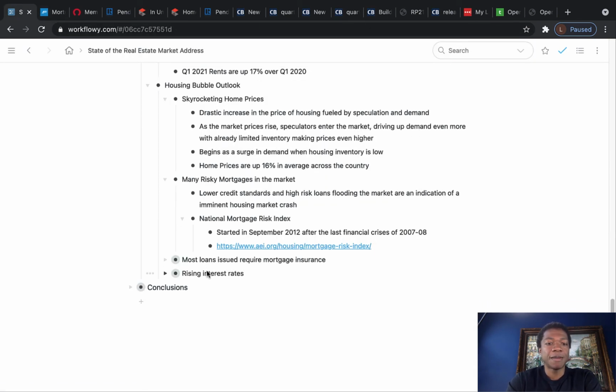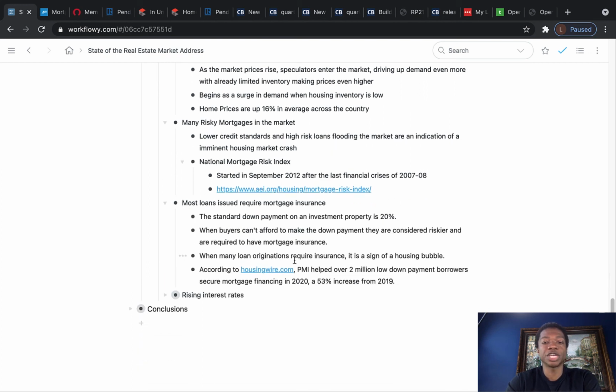And another indication that you could be dealing with a housing bubble on the horizon is that most loans issued require mortgage insurance. The standard down payment for a property is 20%, and when buyers cannot afford to make the 20% down payment, lenders require mortgage insurance because they are considered riskier loans.